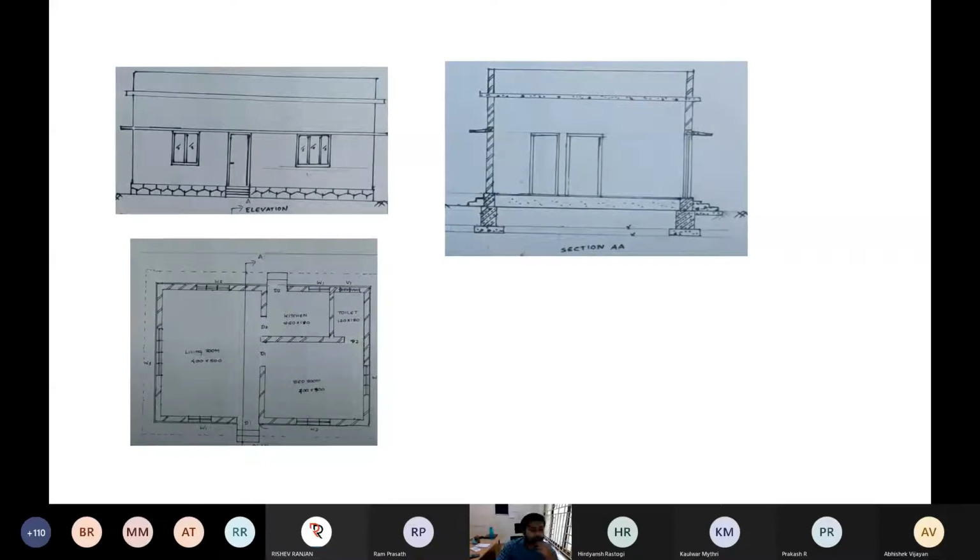So here I will ask some questions. My first question is: here you can see the wall.